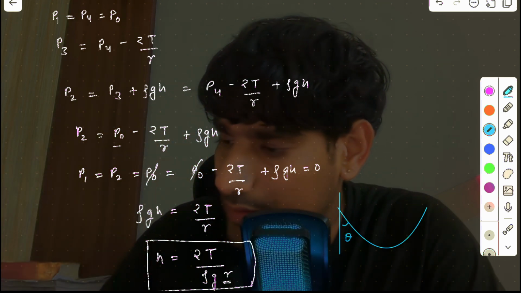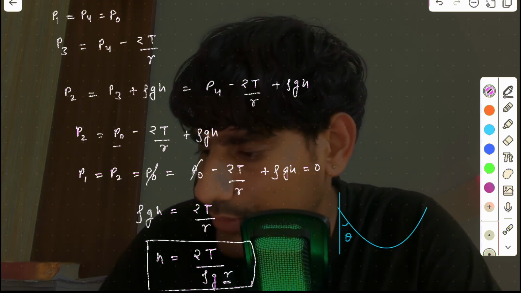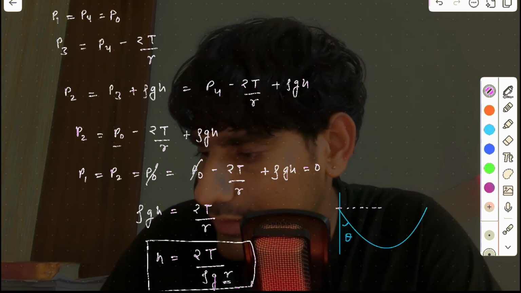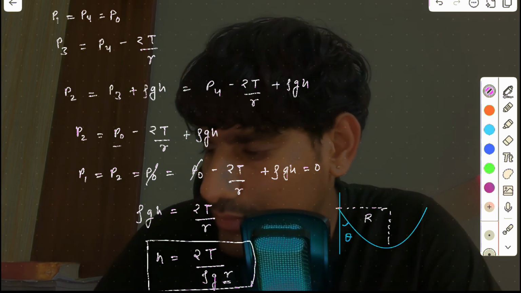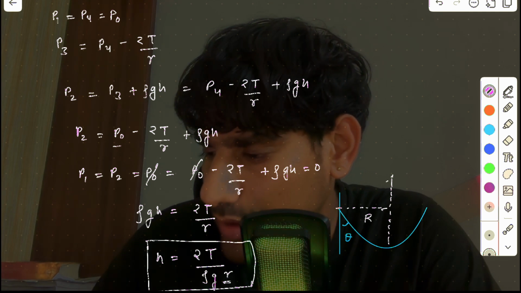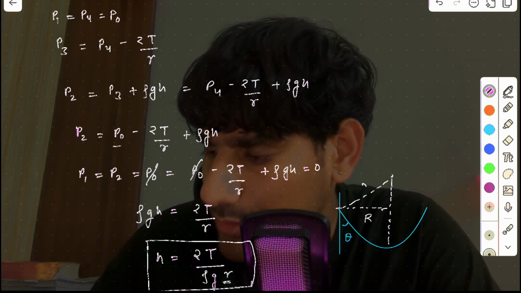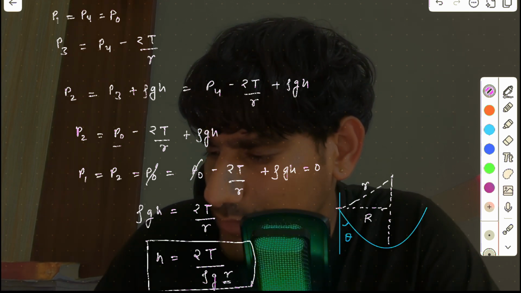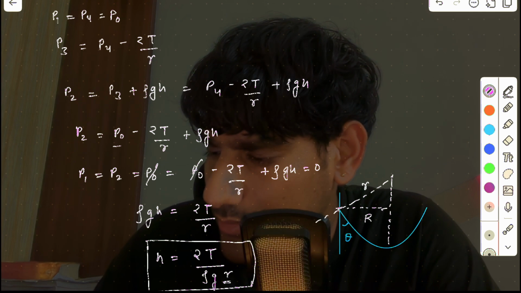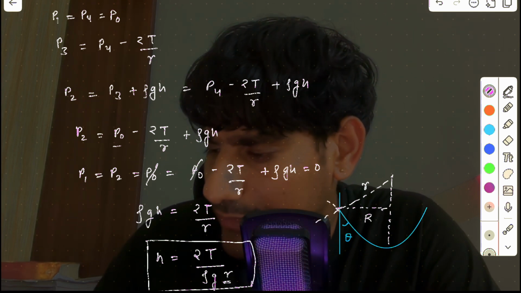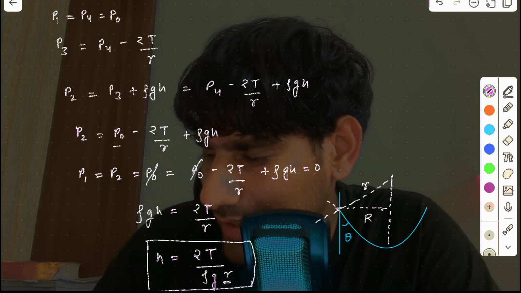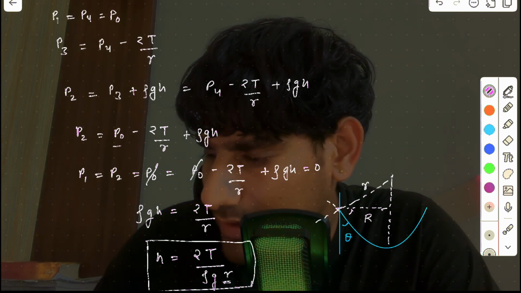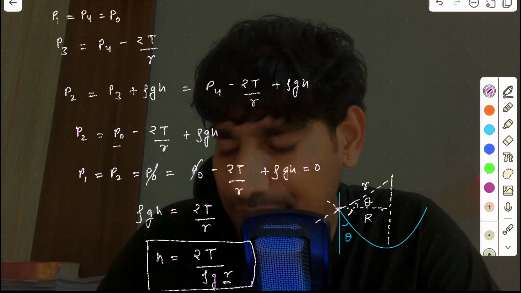Okay, and what we have right now is like this. This is capital R and this is small r. Okay, so this angle is theta. Then look, if this angle is theta, then this angle also becomes 90 minus theta. This angle becomes 90 minus theta, so this angle becomes theta, right?